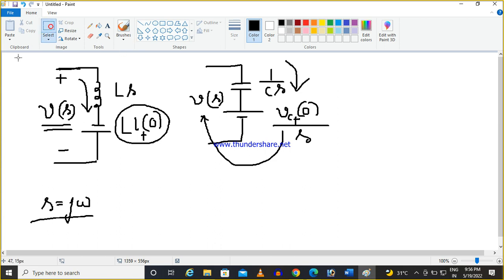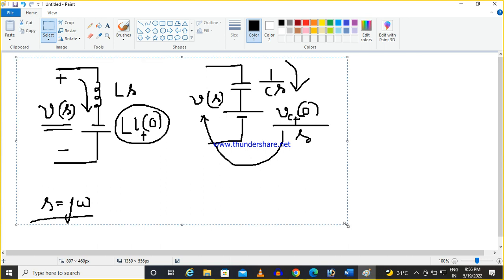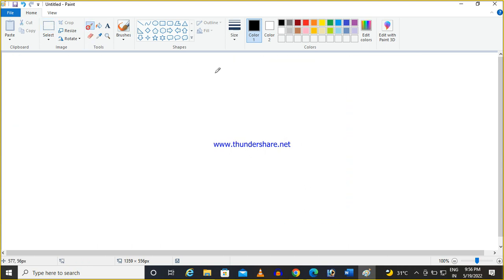And you know the final and initial value theorem. So you should remember with this expression we can tell this is for the capacitor, this is the inductor, and this is my initial condition and this is my final condition. Initial condition means t tends to 0, and here t tends to infinity.